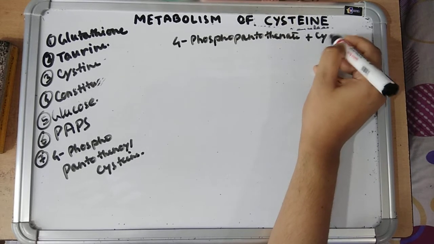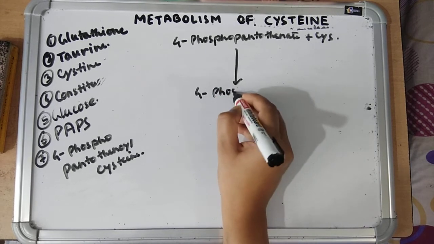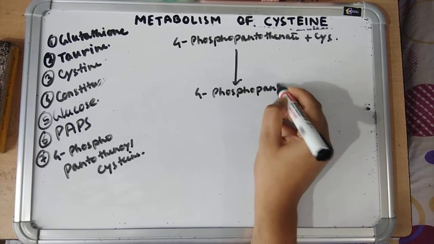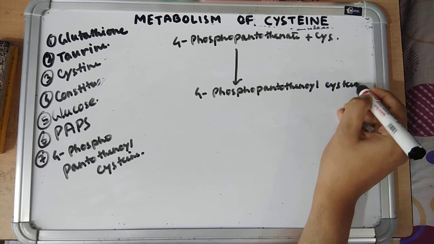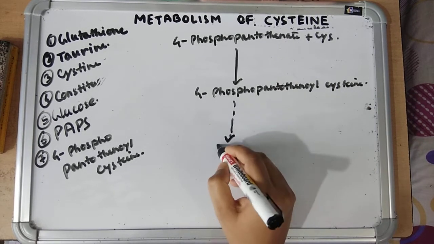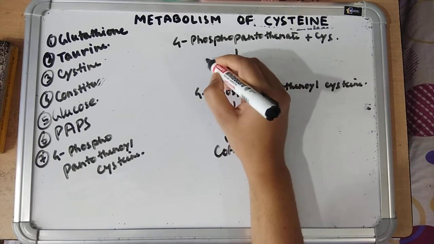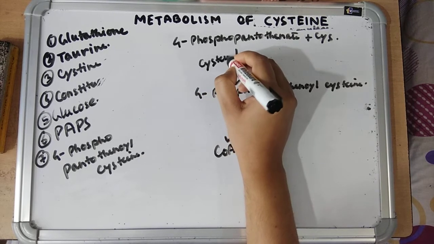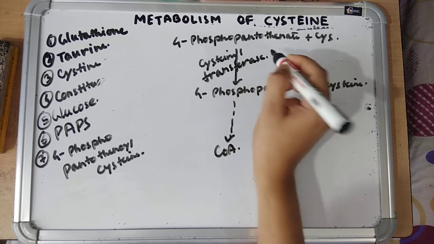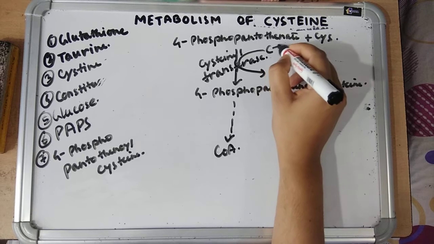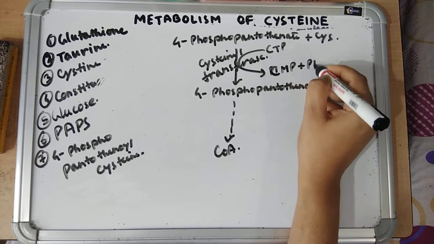It combines with cysteine to form 4-phosphopantothenoyl cysteine. And after a series of reactions, it forms coenzyme A. This reaction is catalyzed by cysteinyl transferase. CTP is required, which is converted into CMP plus inorganic pyrophosphate.